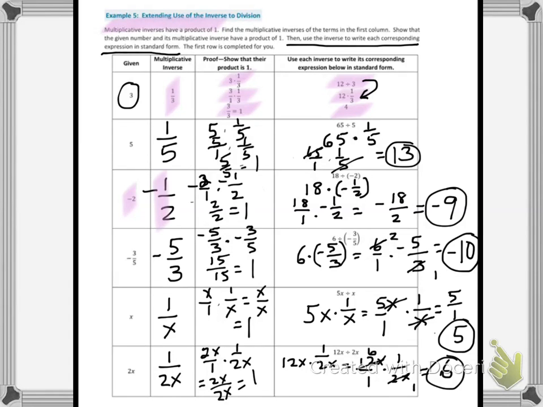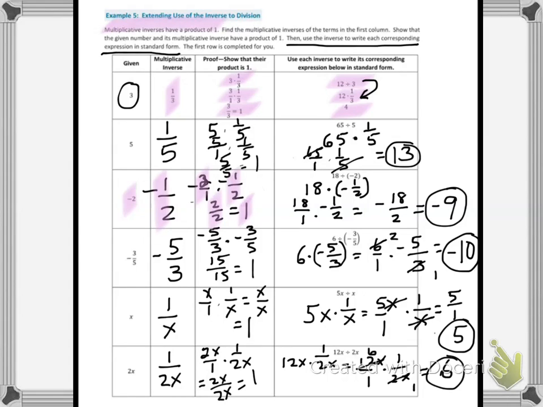So it's going to be -1/2 was the multiplicative inverse there, and I went ahead and just multiplied -2 over 1 times -1/2. Interesting, and you got to remember, negative times a negative is a positive. Okay, and that's 1, and that's why multiplicative inverses equal 1. The product of multiplicative inverses is always going to be 1.